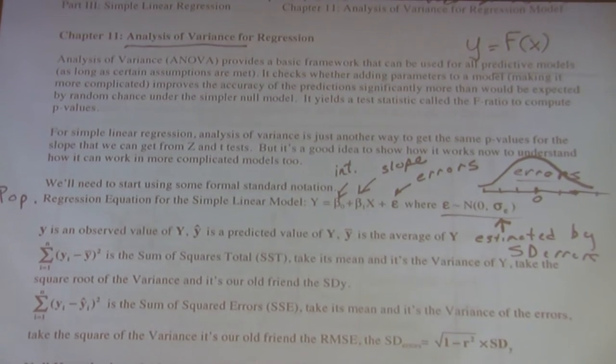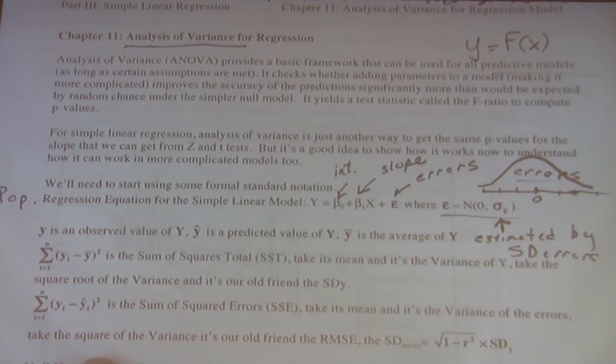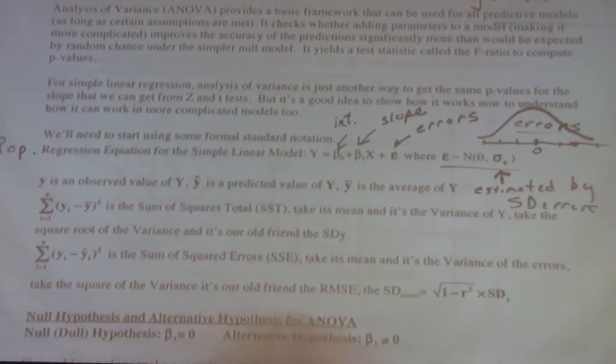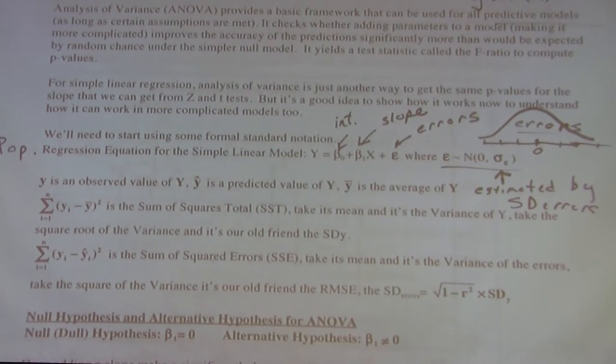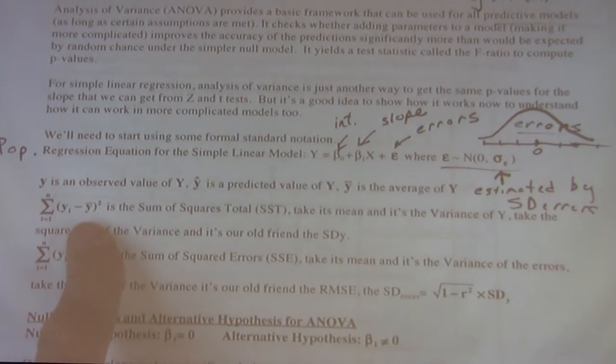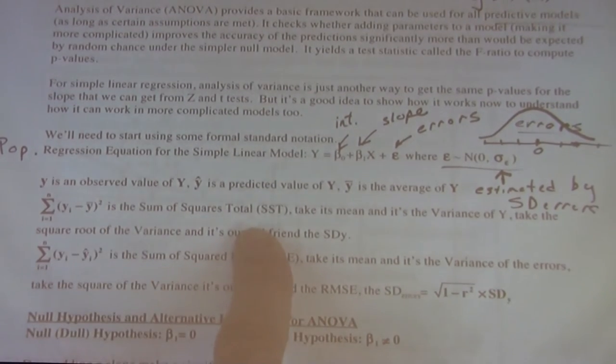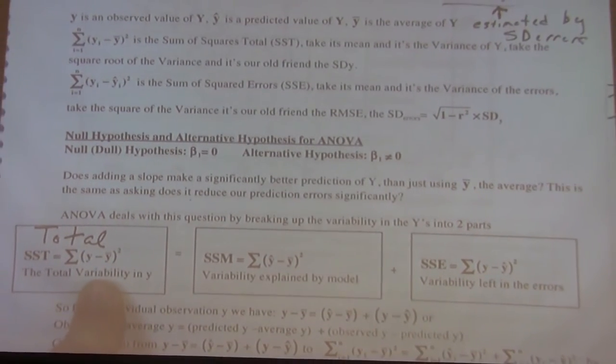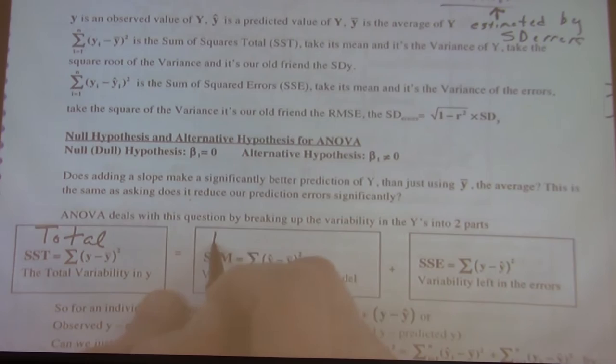So let's say I wanted to predict your exam score from your homework with a linear model. What we're doing here is breaking down the total variability of those exam scores into two parts: one predicted or explained by the model, and the other just left in the error. This is called the sum of the squares total. This is the total variability, the sum of squares for the y's, and we're going to break it into two pieces.